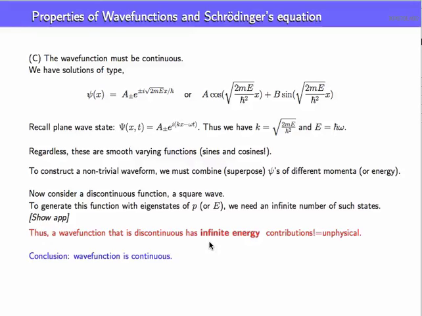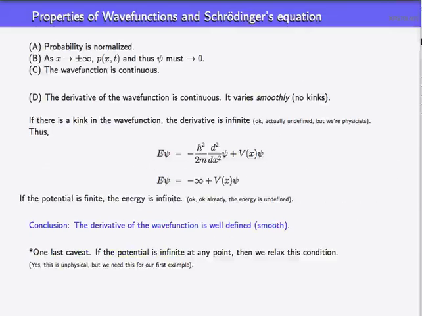So that's why a discontinuity is not a physical thing, it's unphysical. So that's why we do not allow, at least in any ordinary situation, these kind of discontinuous wave functions. They're unphysical. And so our conclusion is the wave function is continuous.